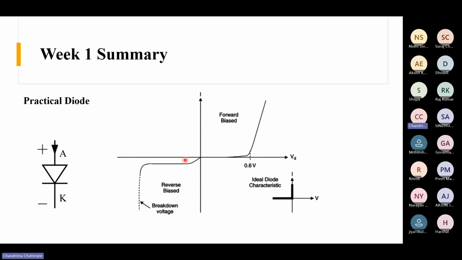It will be very small if you search on the web or see any textbook where the diode characteristic is shown. This current is almost just following the axis, very, very small. Yeah, I understood that it's a negligible current.